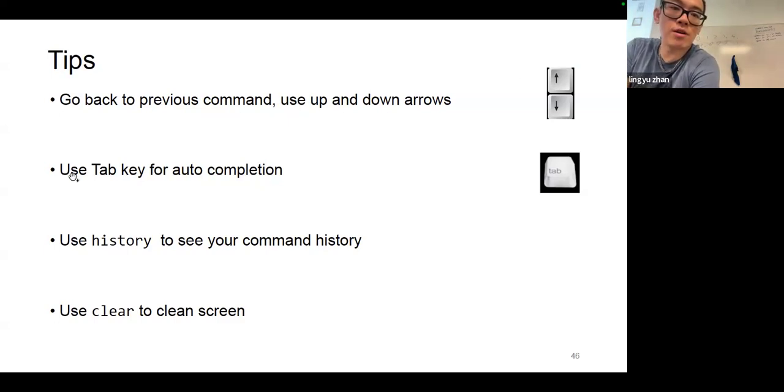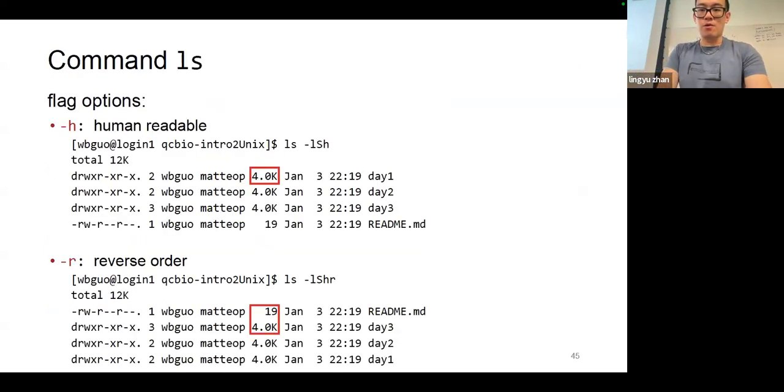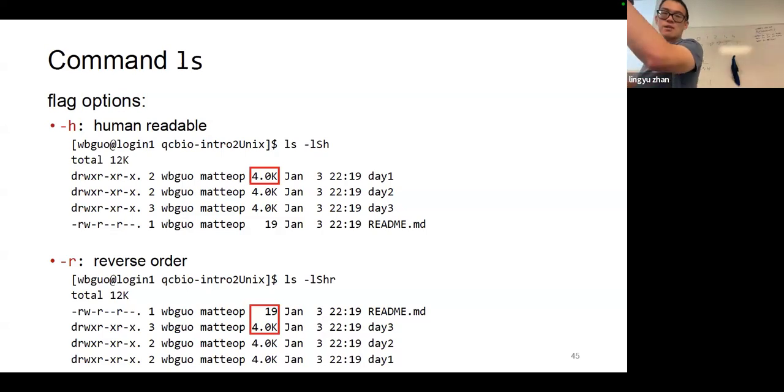Another very important, very useful tip is that we can use the tab key to perform auto completion. For example, if we were trying to touch the readme.md file, instead of typing out all of the readme, you can just type R or RE, and then press tab. It will auto complete the file name for you.